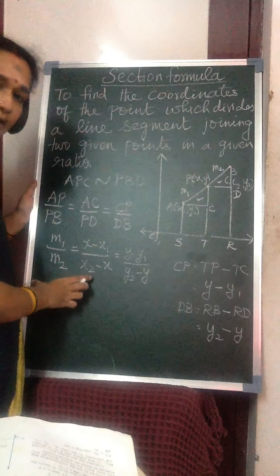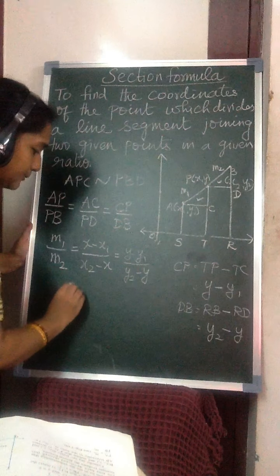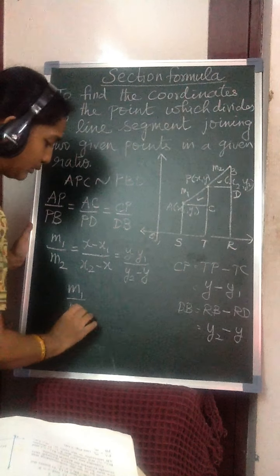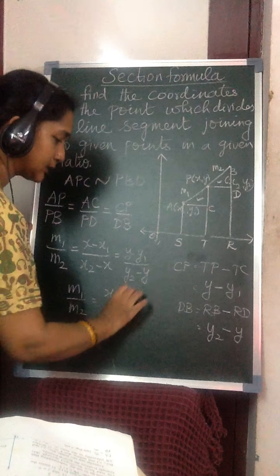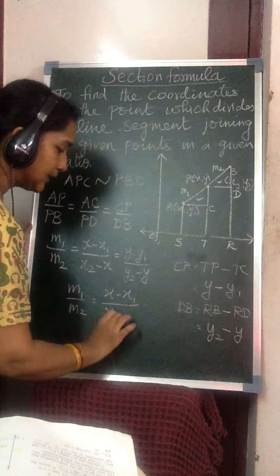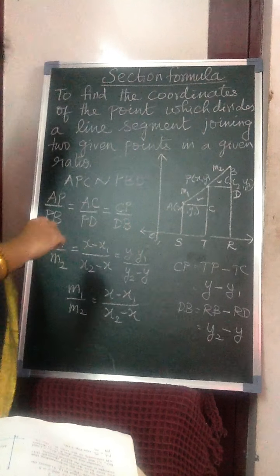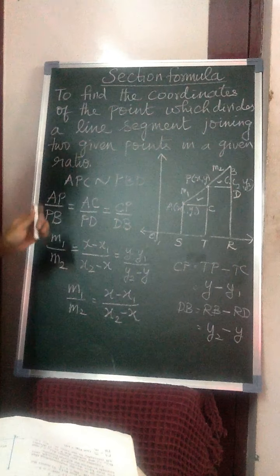Now I am equating the first two. That is, M1 by M2 is equal to X minus X1 by X2 minus X. Now I am cross multiplying this.